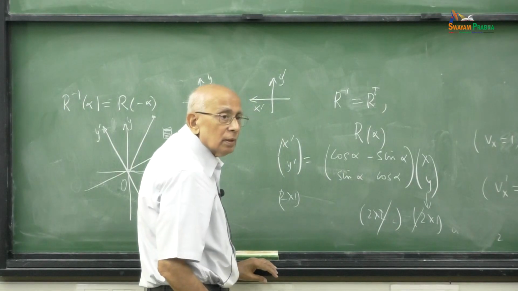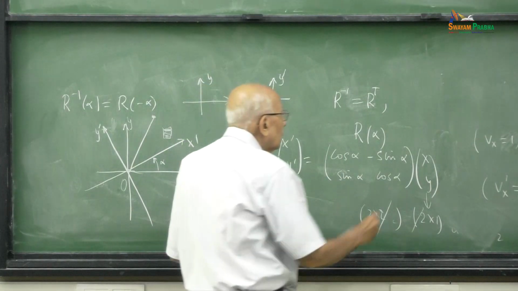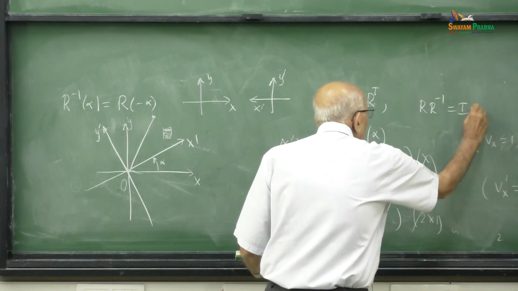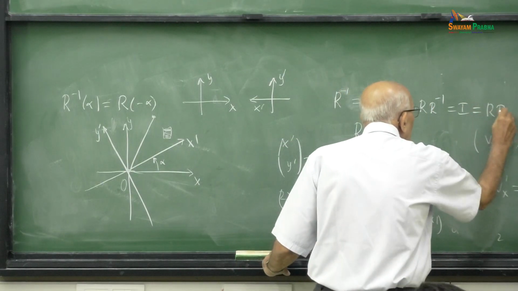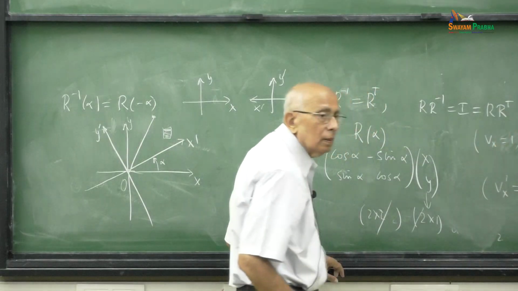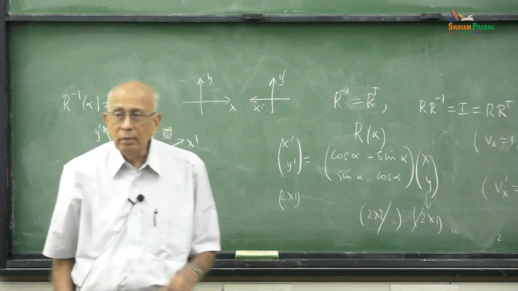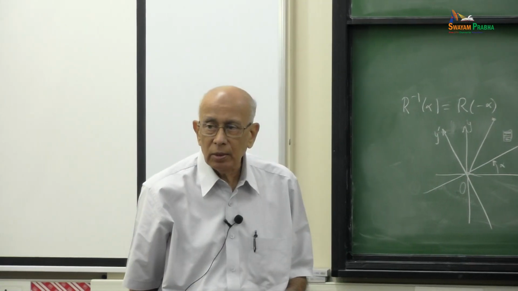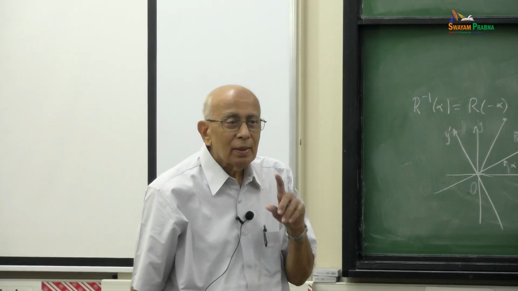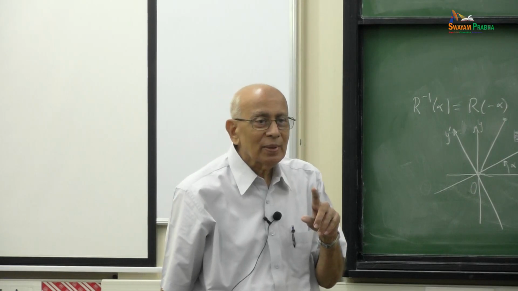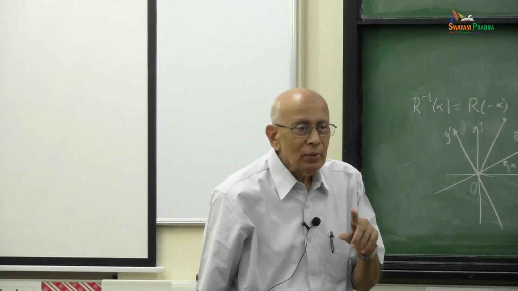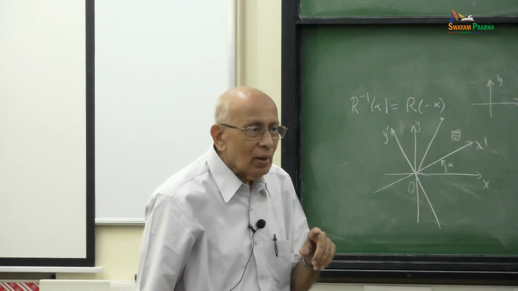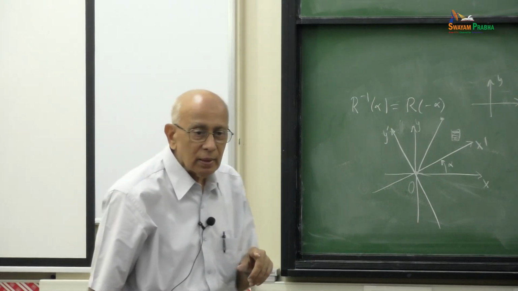But R inverse times R is 1. So it's telling you that R transpose R is the identity matrix. The matrix's inverse is equal to its transpose. What do you call a matrix whose inverse is equal to its transpose? Orthogonal, yeah, it's an orthogonal matrix, right?